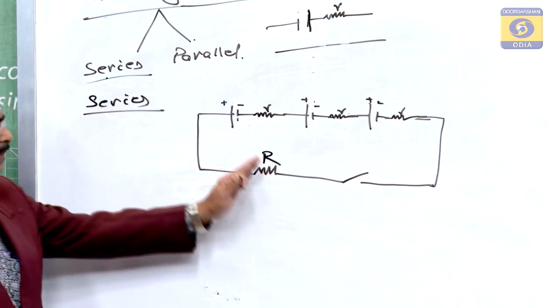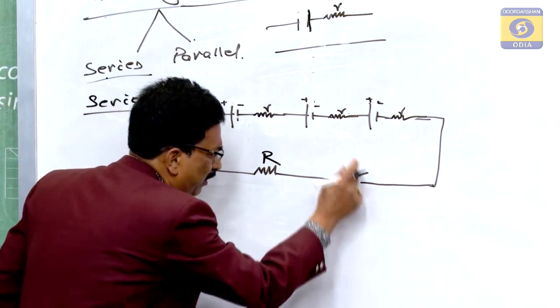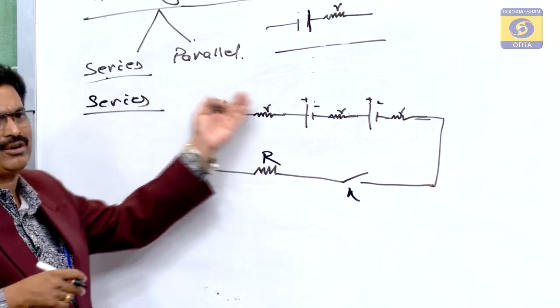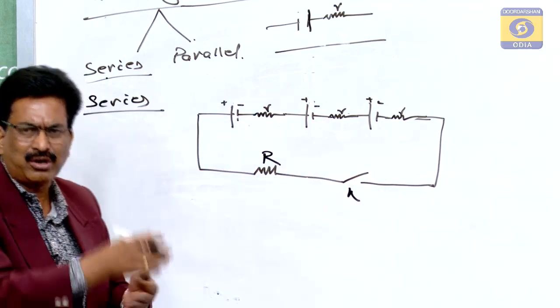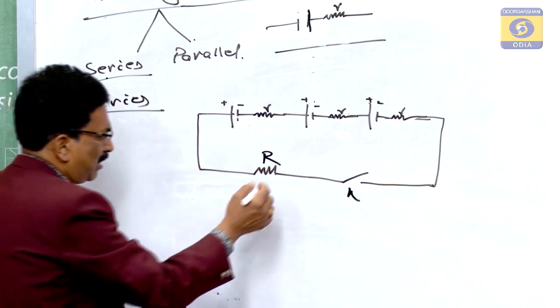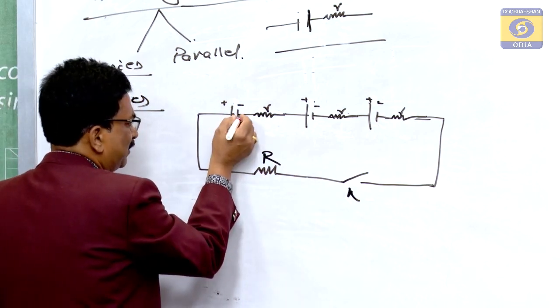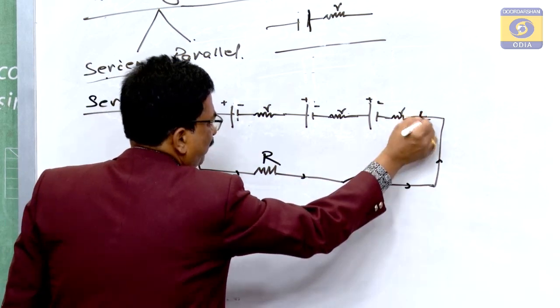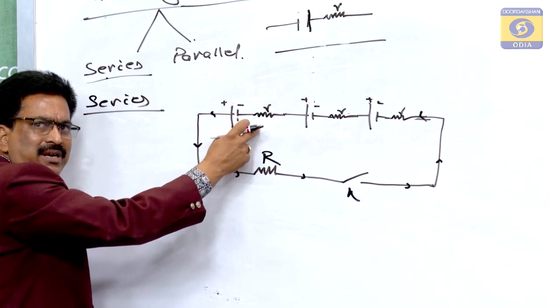Now when this key is closed, as we discussed, the flow of electrons continues. When electrons flow continuously, current flows. Suppose the current direction is shown this way, because here I have taken positive and here negative.